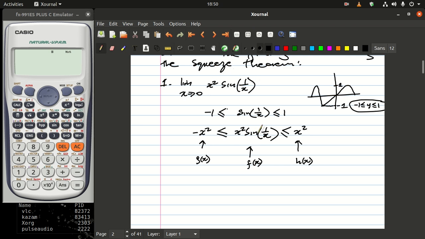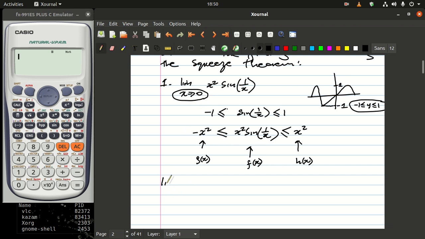In this particular case, we found those functions by knowing the range of a sine function, that it is between these two, and because this part was missing, I multiplied it through and I got these two functions. Now the next thing that I need to find out is the limit.